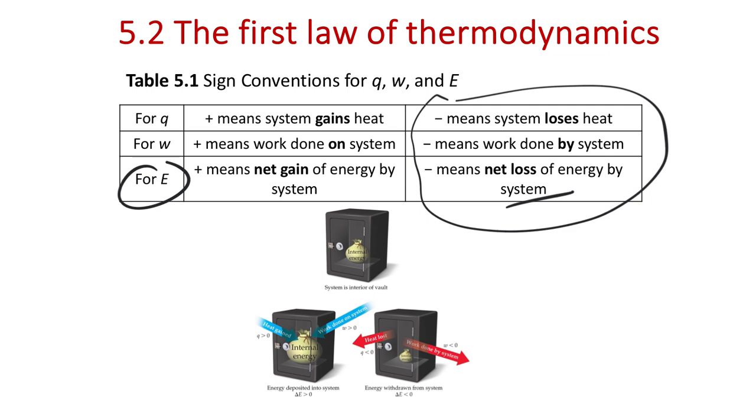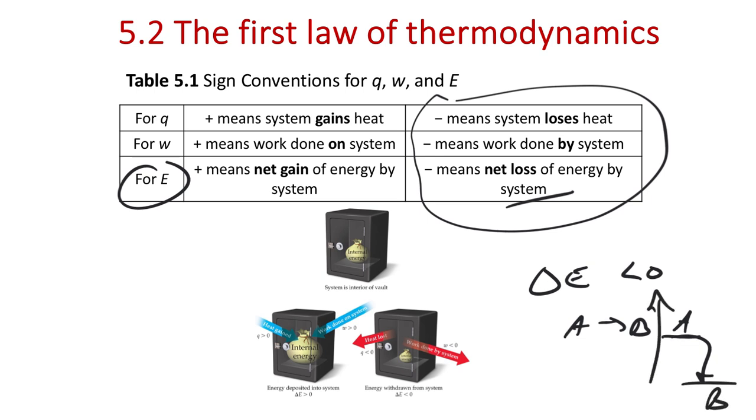So system, kind of like thinking of our reaction. And so here we're thinking delta E negative just means that our reactant is here, picturing A to B, so that would be A here, and then B is down below in our energy scale. So if B is losing energy, if B is more stable, then that's delta E negative. That's our combustion reaction of octane.